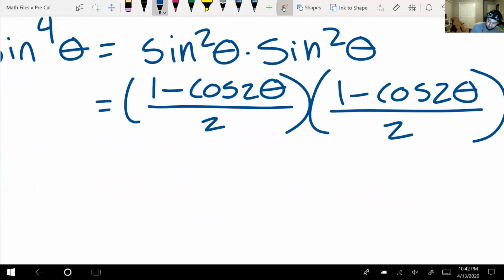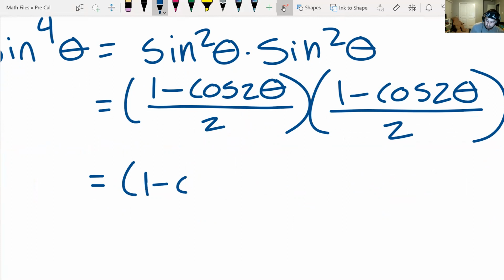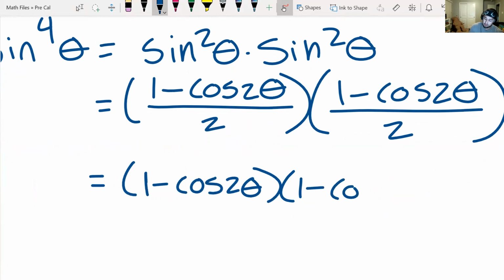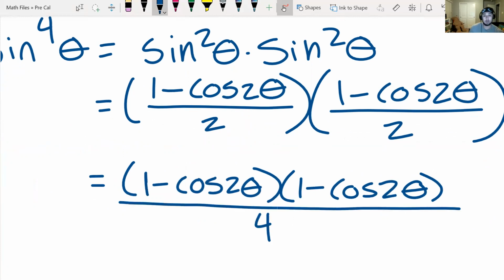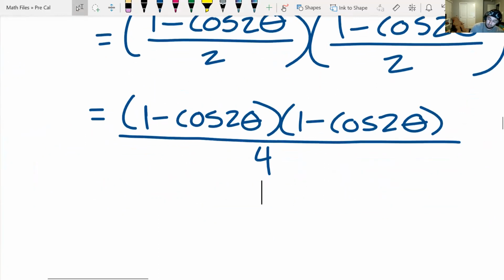Rewrite it. 1 minus cosine 2 theta times 1 minus cosine 2 theta all over 4.